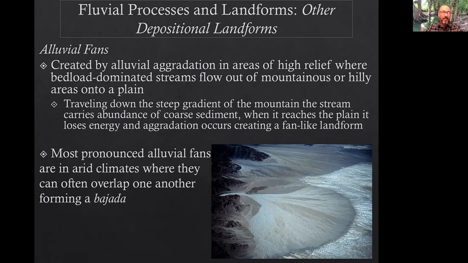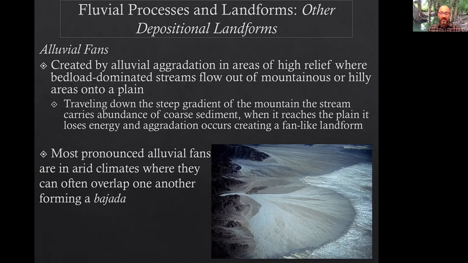And so they drop out one size after the other, smaller and smaller and lighter, until there's no more load to drop out. This creates a fan-shaped distribution as the water is allowed to spread outward instead of being channelized because its speed is reduced, right? And the slope is lessened to almost nothing near where it meets a major body of water.